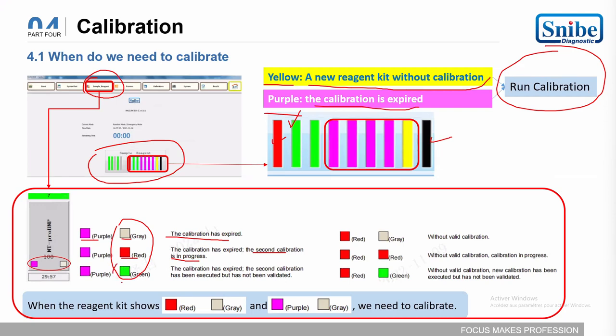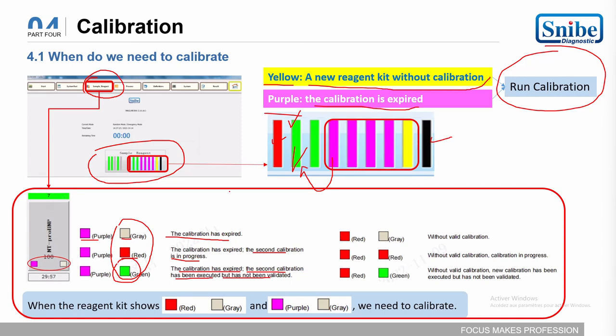And if the right one is green, then the calibration has expired, a second calibration has been executed, but has not been validated. So it is finished, but not validated. When we validate it, it will turn to green color.